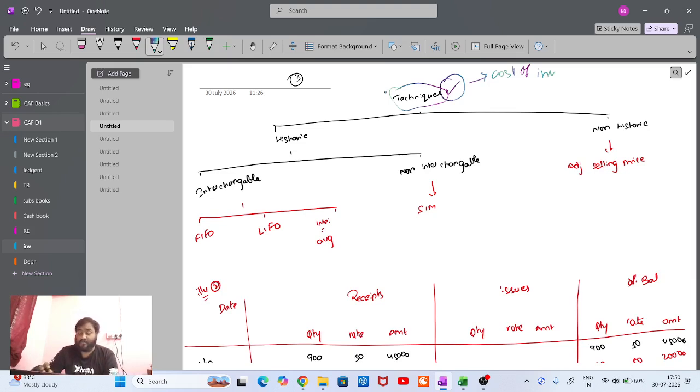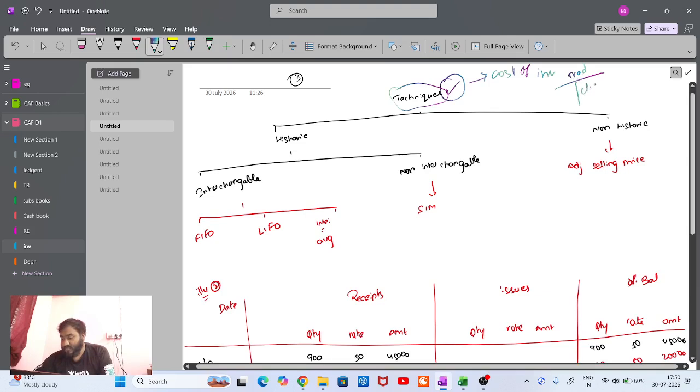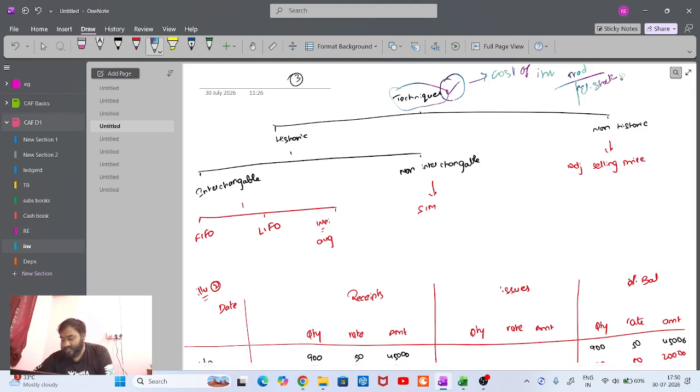Closing stock. Closing stock means, if you remember the trading account, closing stock. This is for the year end. We calculate this. Okay. There are two techniques fundamentally, historical and non-historical. What do you mean by historic? Historic price, based on past price.